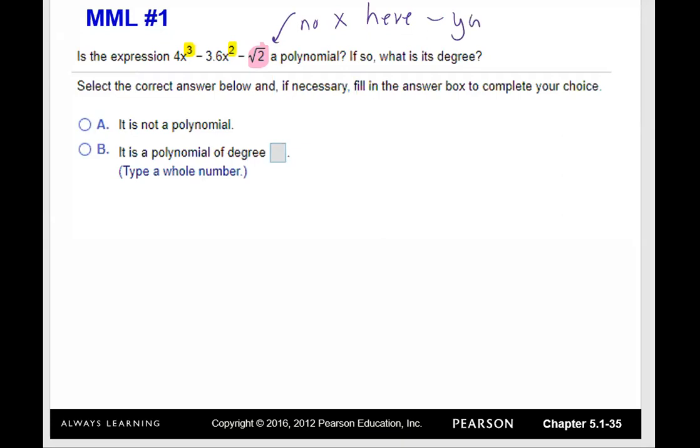You're good. If that had been the square root of x, then I would have said no, it's not a polynomial. But it is a polynomial. And then the degree is the highest exponent, and that highest exponent is the 3 right there, because it's in descending order. Square root of 2 is your constant.